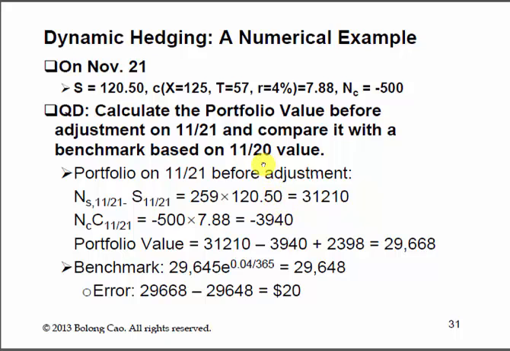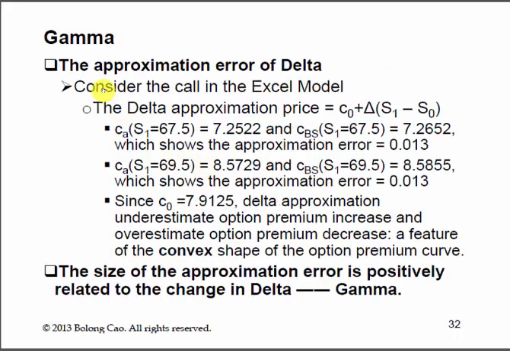Now, in this kind of calculation, we have seen the delta, right? The amount of delta change determines how you need to buy or sell the underlying stock. So the change in delta matters a lot for the trading, for the dealer, right? So we have this concept of gamma. It's basically the approximation error of delta.